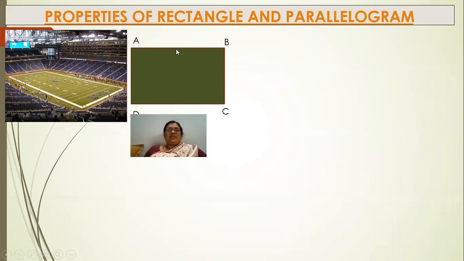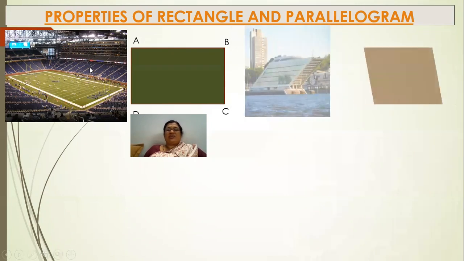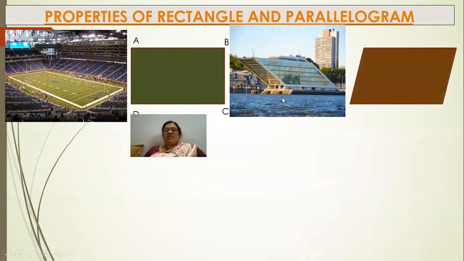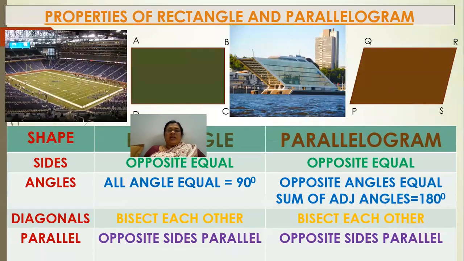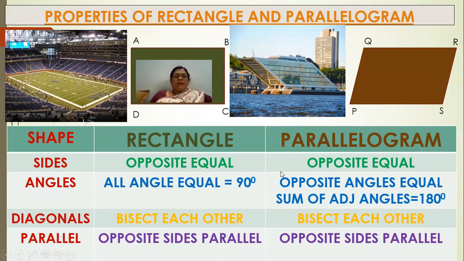The rectangle has four vertices and it has four sides also. And this swimming pool, I think, looks like a parallelogram. Now let us see the properties of a rectangle and a parallelogram. One is a rectangle, and one is a parallelogram.